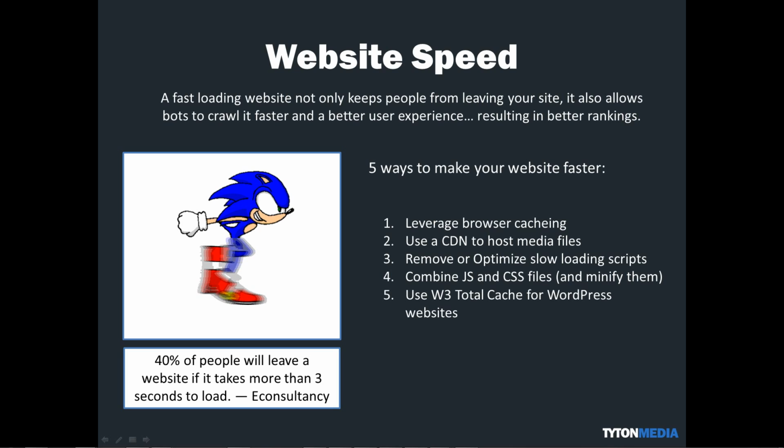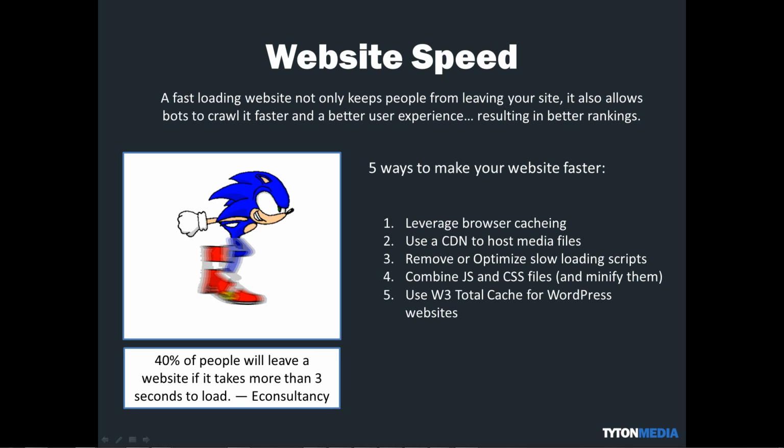So we got 5 simple ways here to increase your website speed and get it under that key 3-second time frame. So one is to leverage browser caching. It's a little more difficult to do if you aren't running on a CMS like WordPress, but you can possibly contact your host or server, and they might be able to turn on browser caching for you somewhat simply.